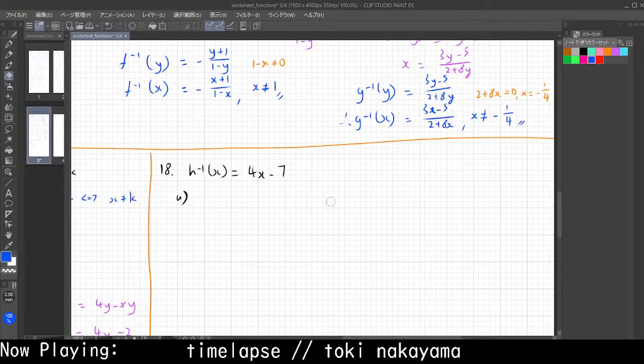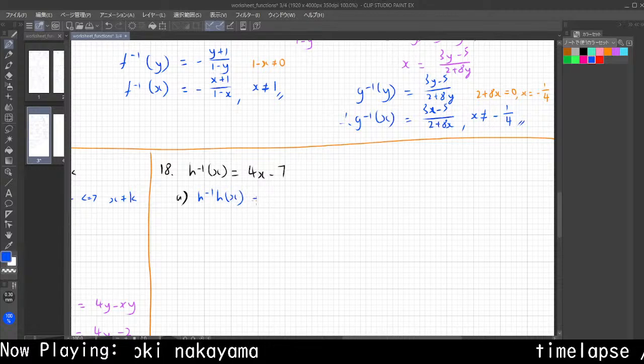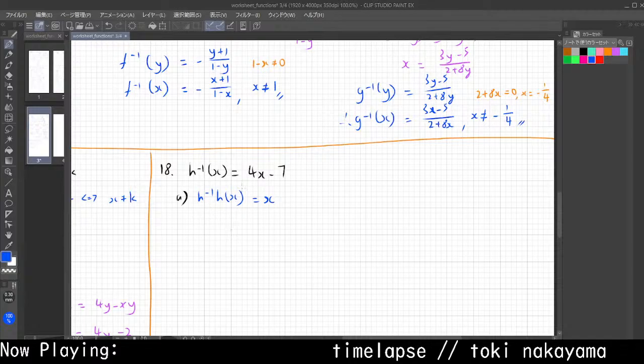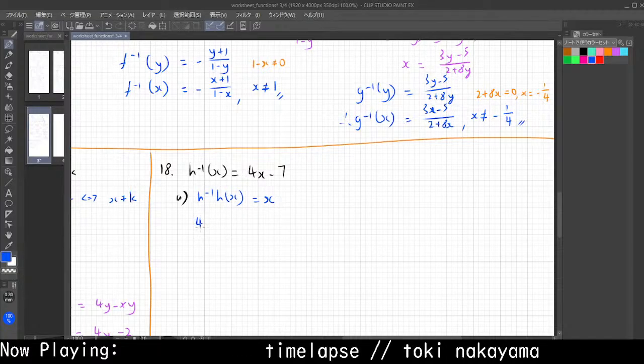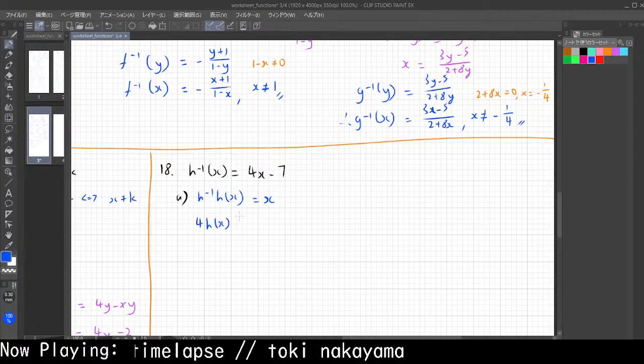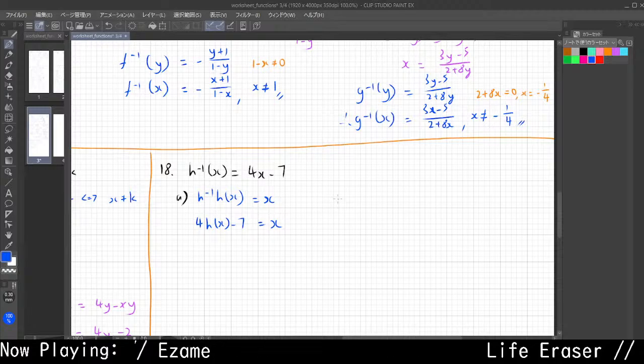In this case, if you want to, you can just use the h inverse h thing. h inverse h will get you x. You can swap these two, so h h inverse will also get you x. In this case, h inverse is 4x plus 7, so 4 bracket h(x). So your h(x) replaces your x. This entire thing will be equal to x. Rearrange your terms.